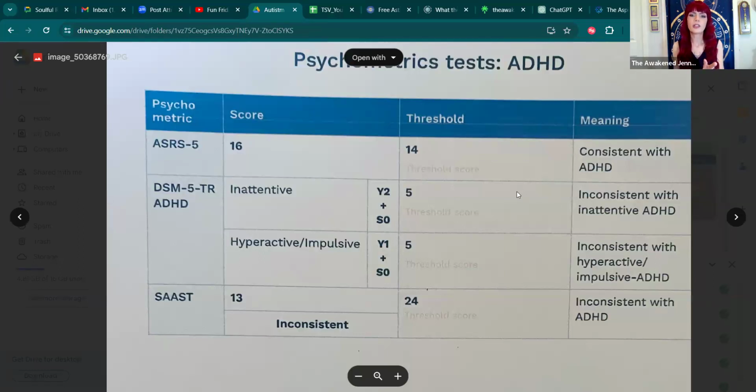So the way that she described it to me was that all the traits of ADHD are part of being autistic, except for the impulsivity and the hyperactivity.